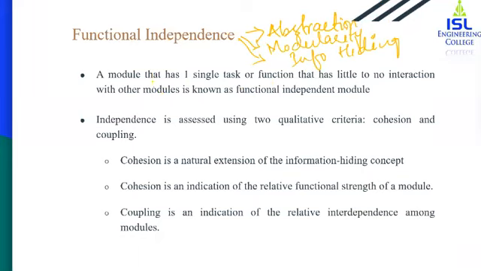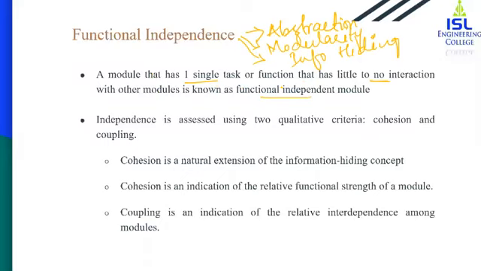Now, what is functional independence? A module that has one single task or function, with little to no interaction with other modules, is known as a functionally independent module. If we take an example, if an assignment is given, one particular student in your class completes the assignment with some help from his friends or without any help.